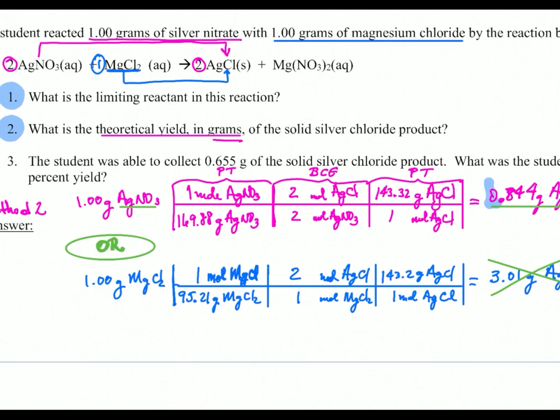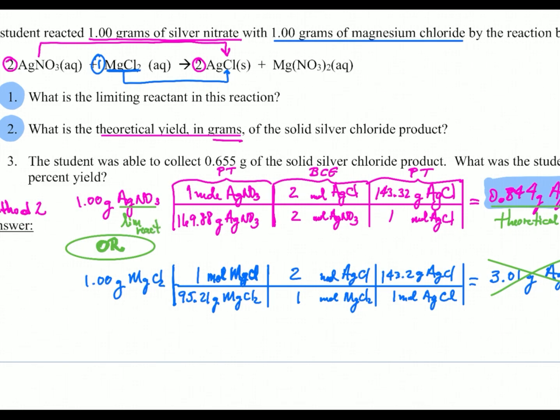So that is the right answer, and is your theoretical yield. Meaning the thing you ran out of first was the silver nitrate, which is your limiting reactant.